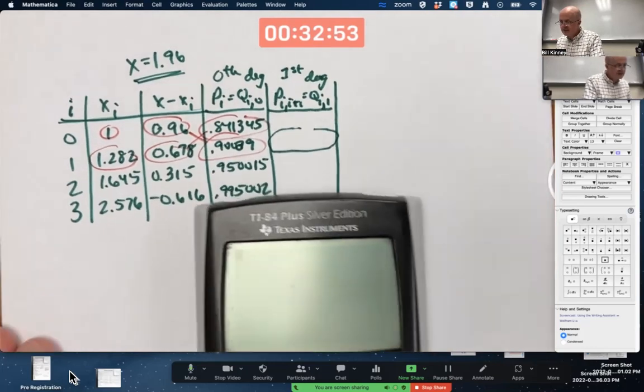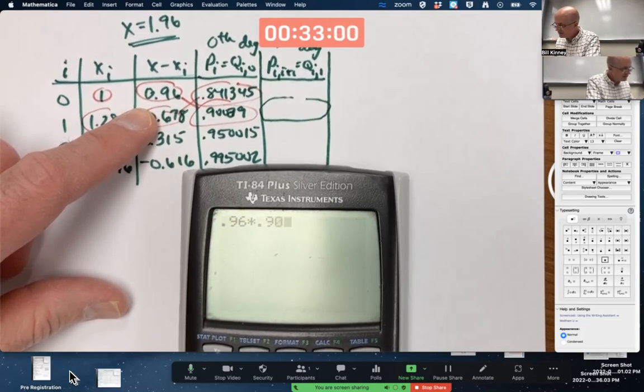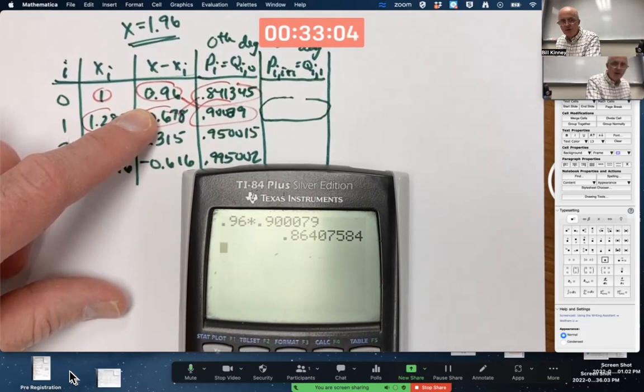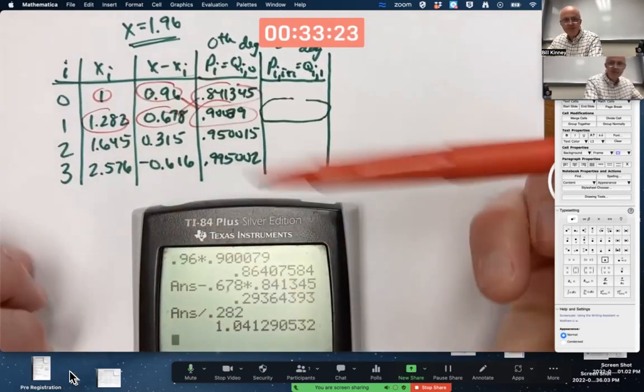So let's go ahead and do those details. 0.96 times 0.900079, upper left to lower right product, minus 0.678 times 0.841345, lower left to upper right, divided by the difference, 1.282 minus 1, divided by 0.282. 1.04129. Let's write that down.